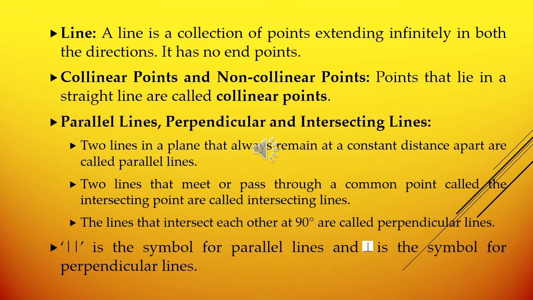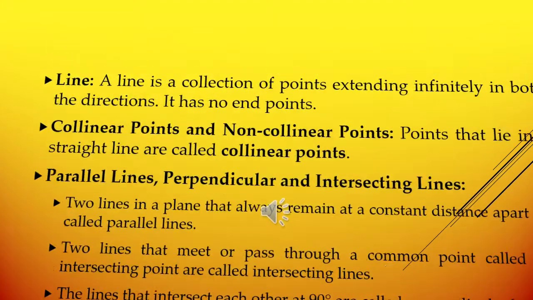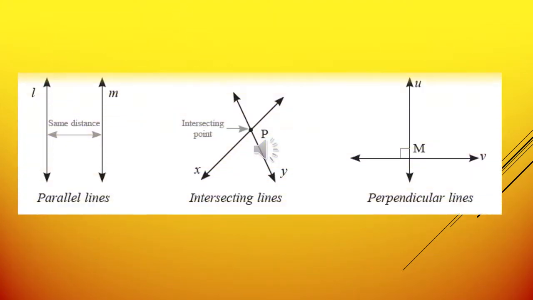Next comes our intersecting lines. Intersecting lines are those lines which cross each other at one common point. These are some figures shown here of parallel lines, intersecting lines and perpendicular lines.